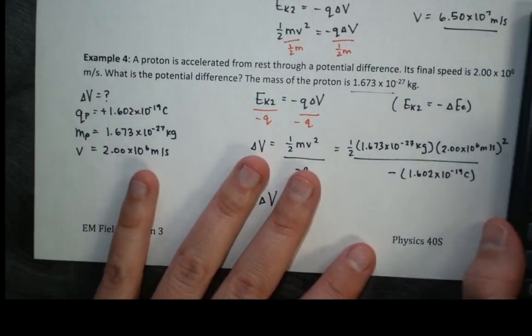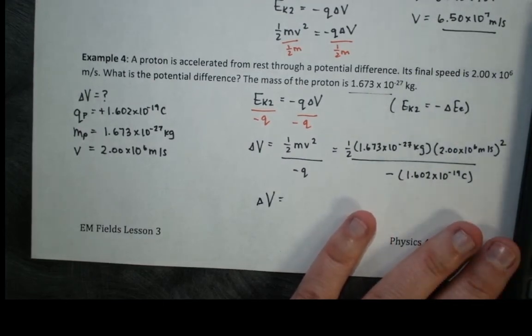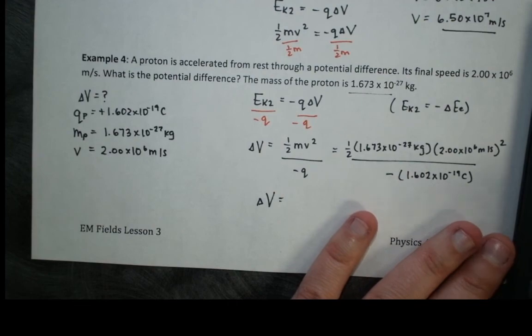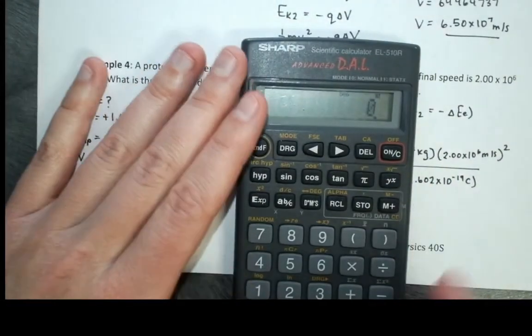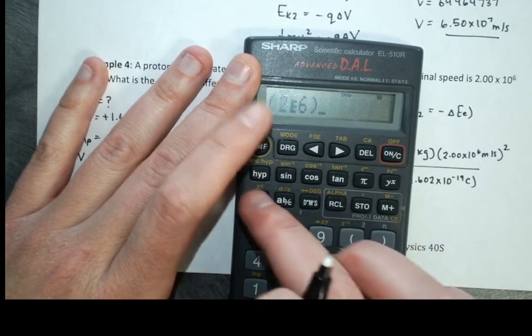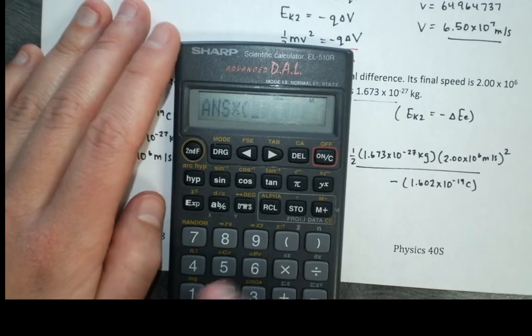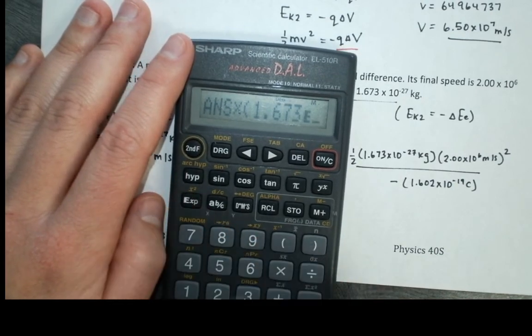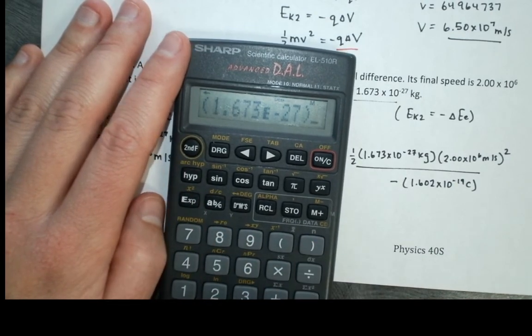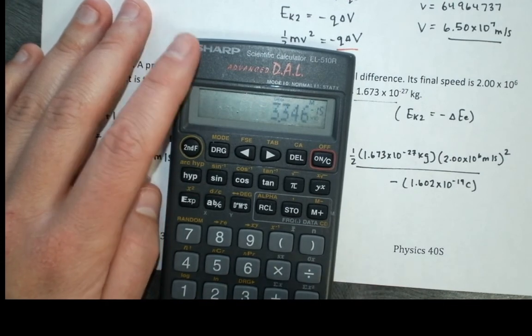So 2 exponent 6, square it. This would be a good example of where you should use brackets. So 2 exponent 6, square that outside the bracket, times 1.673 exponent negative 27 gives us that, times a half. So this is our numerator.